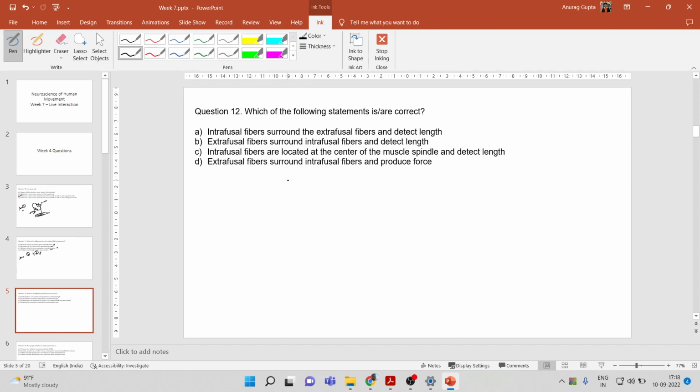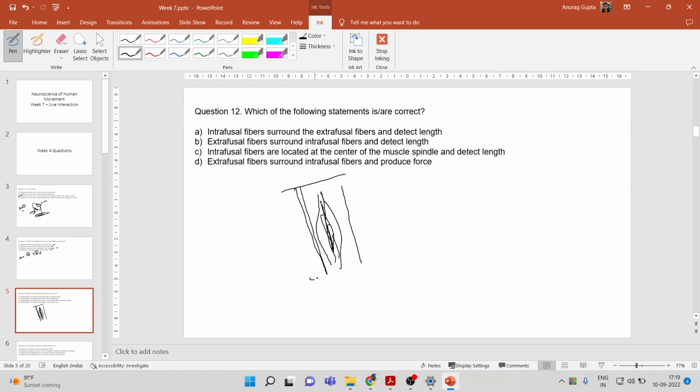Okay, getting back to the question, we have these muscle spindles, and within the muscle spindles we have these intrafusal fibers, and outside of the muscle spindles we have the extrafusal fibers. Let us say this is a muscle spindle. We have the intrafusal fibers here, and then we have extrafusal fibers, which are part of the muscle.